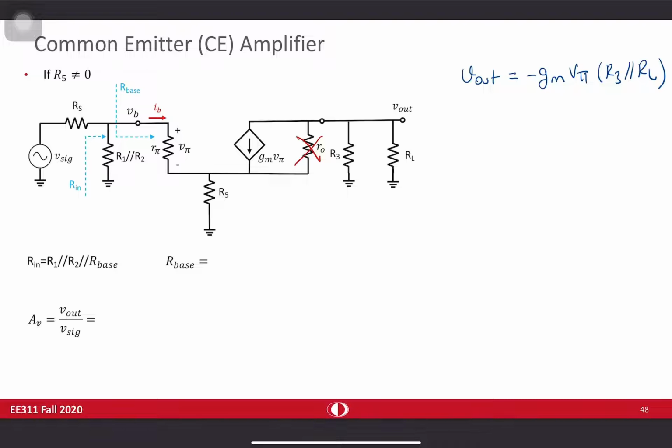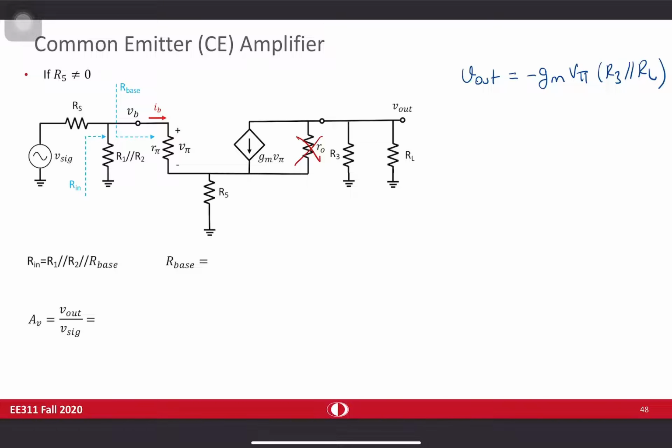How are we going to write it? First of all, there is a voltage division between V signal and V base. Then by using the reflection, you can write another voltage division.